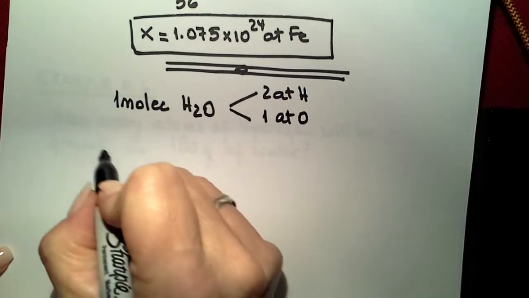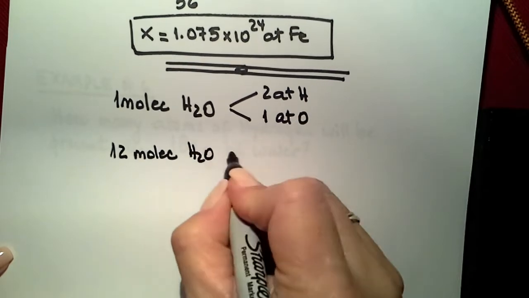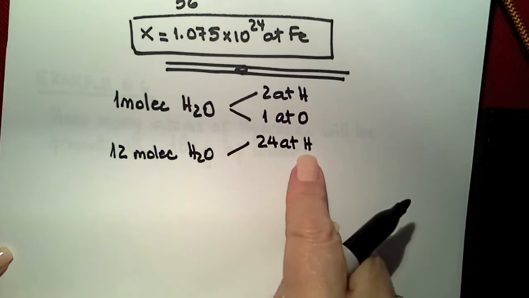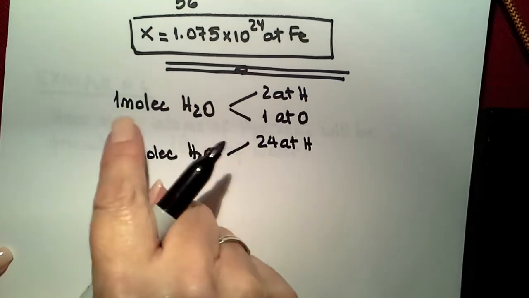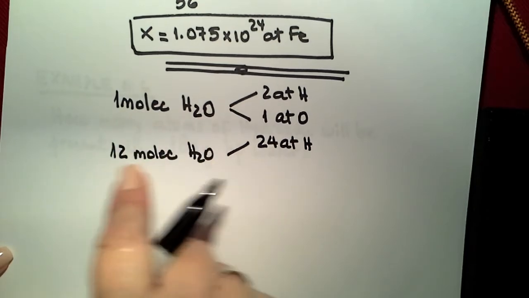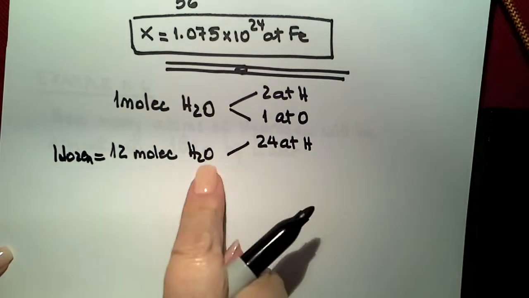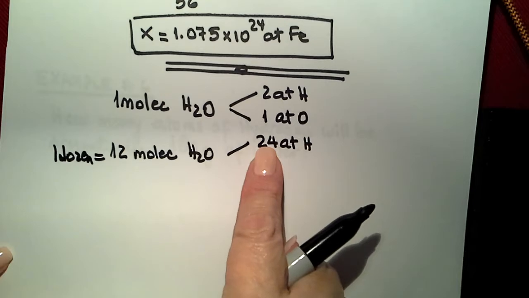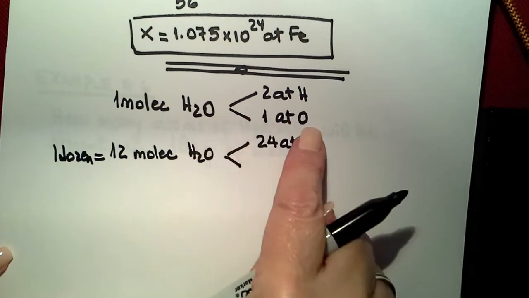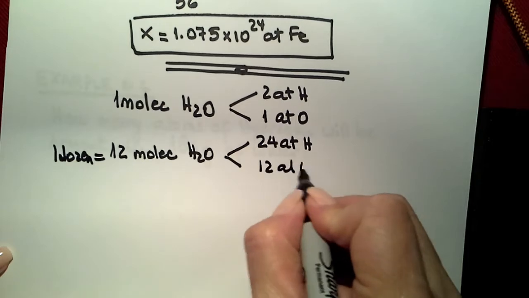If we have 12 molecules of water, we are going to have 24 atoms of hydrogen, because each molecule has hydrogen twice. So one molecule is 2 atoms, 2 molecules is always double, so 12 molecules is going to have double the amount of atoms of hydrogen, and the same amount of oxygen, because we have 1 atom for each molecule. If we have 12 molecules, we are going to have 12 atoms of oxygen.